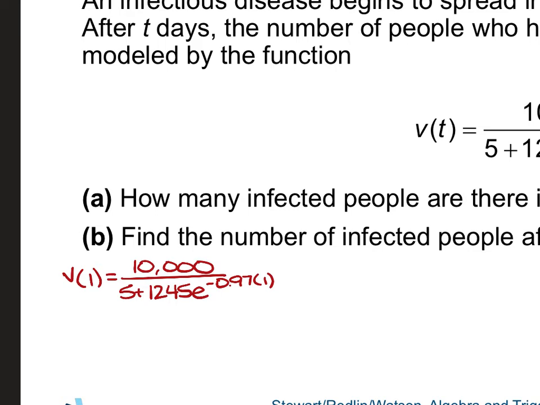We plug this into our calculator. We have 10,000 divided by parentheses 5 plus 1245 times e to the power of negative 0.97. Close the parentheses.